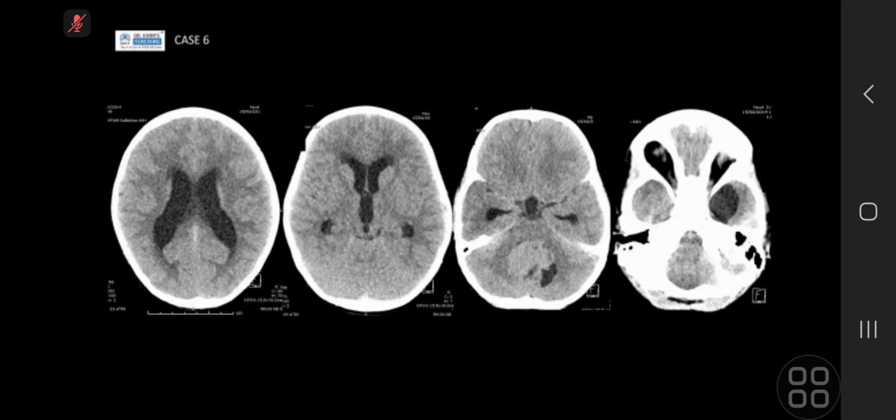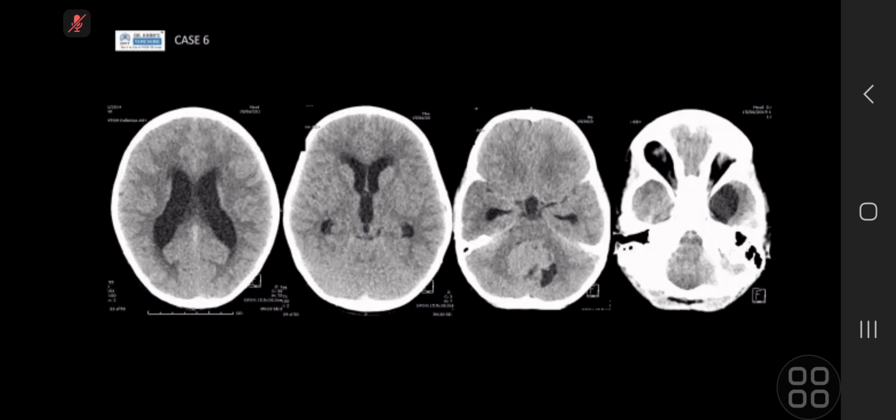This medulloblastoma, I will advise imaging to exclude drop metastases of the spine. I will refer the case for a brain tumor MRI.